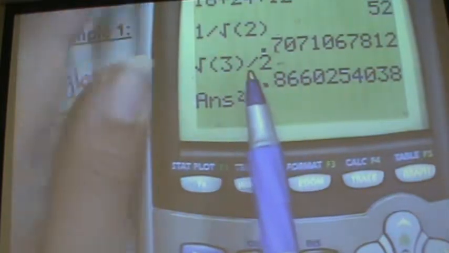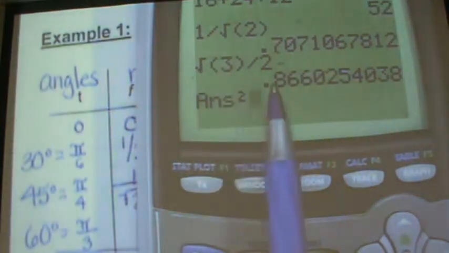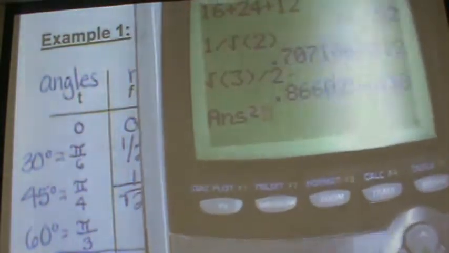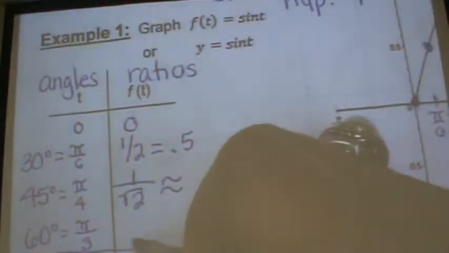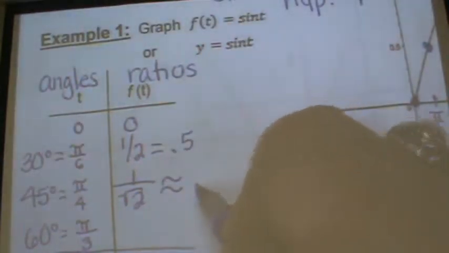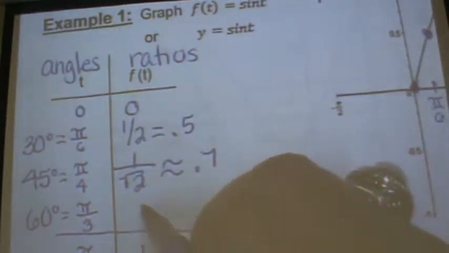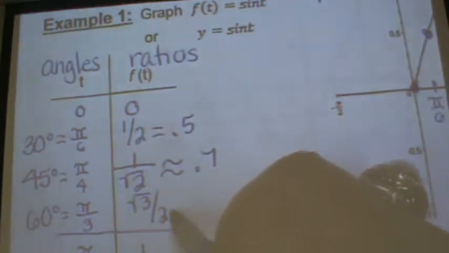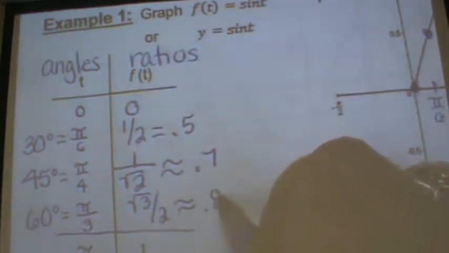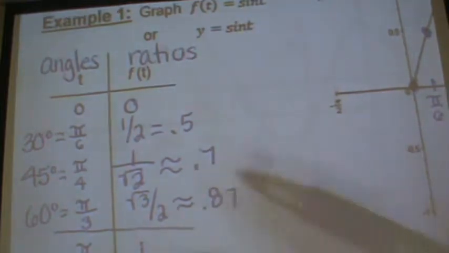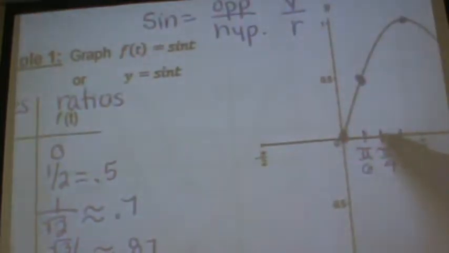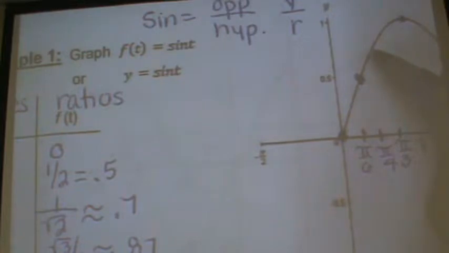And then if you do the 60 degree, root 3 over 2 is about 0.86 or 0.87. So I want you to write this. This is 0.7. And then root 3 over 2 is approximately 0.87. So let's make sure we're right on here. Pi over 4 is about 0.7, and pi over 3 is about 0.87.